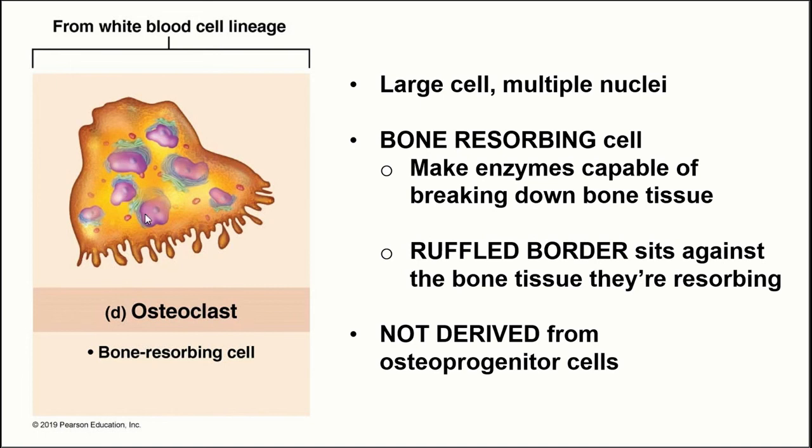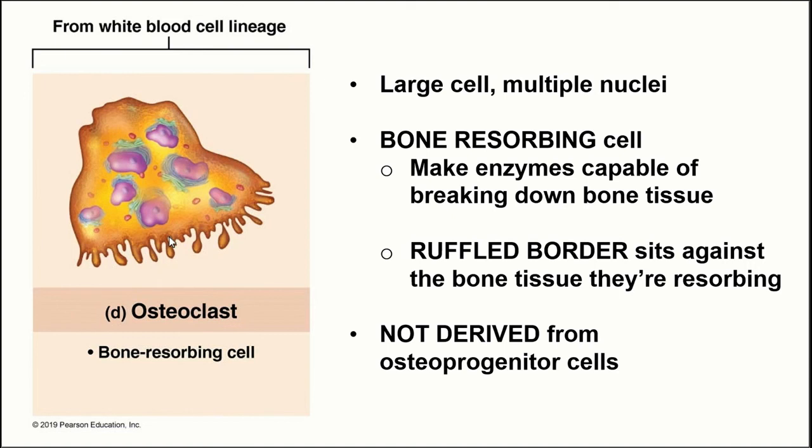And what osteoclasts end up doing is they make a number of enzymes that are capable of breaking down the bone tissue. And so we say that they function in bone resorbing. So really what we mean when we talk about bone resorbing is bone breakdown here. So they make a number of enzymes that are manufactured within the cell, packaged for export from the cell by the abundant Golgi apparatus that they have.